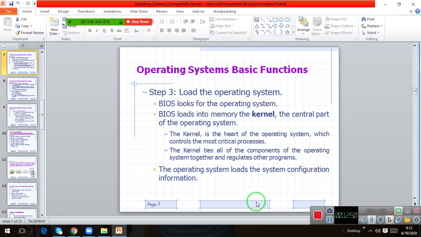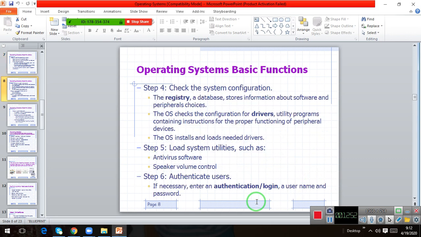Okay, so next we have the fourth one, check the system configuration after loading the operating system. A registry or a database stores information about the software and the peripheral choices. Whatever devices you have connected as peripherals, all the configuration is done.